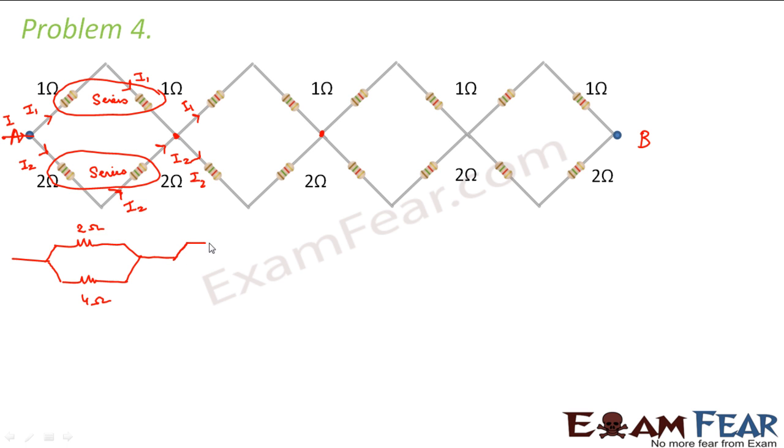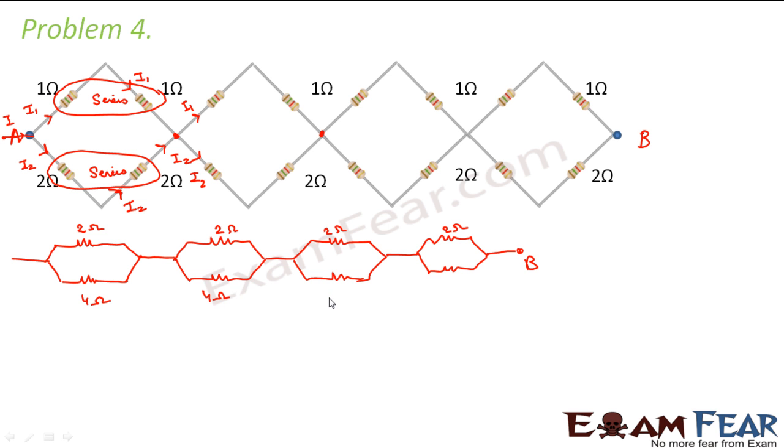Similarly, I can draw for all of them. So this is point B. So you have 2 ohm resistors here and you have 4 ohm resistors here. So now the circuit looks very simple.